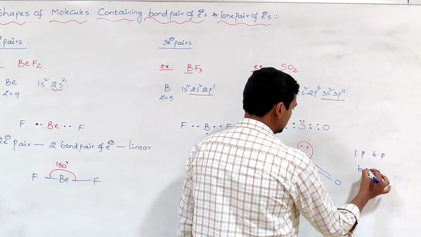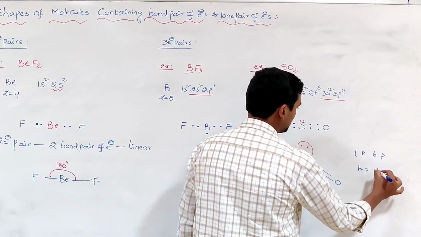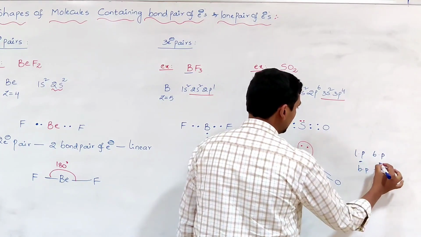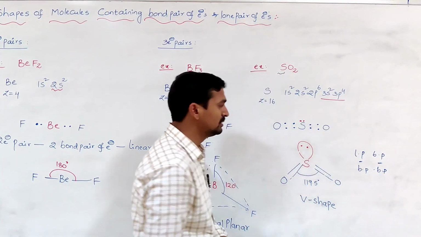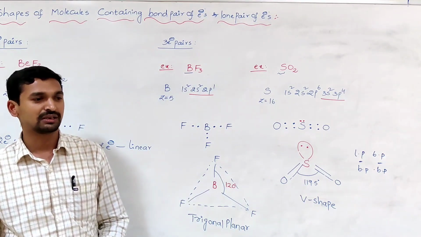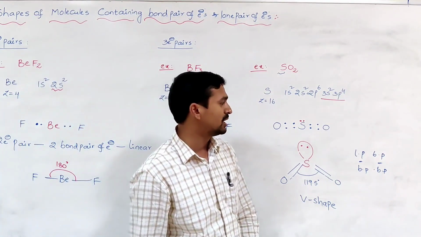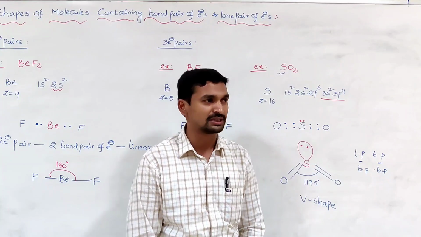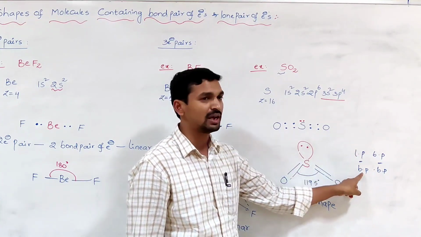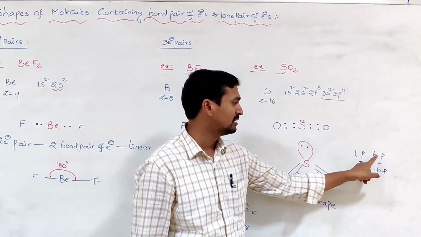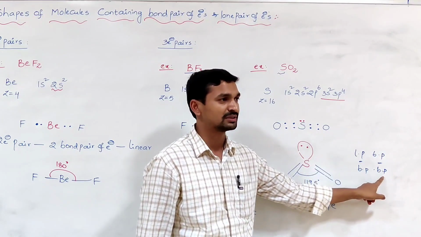Among these, lone pair bond pair repulsions are stronger than bond pair repulsions.